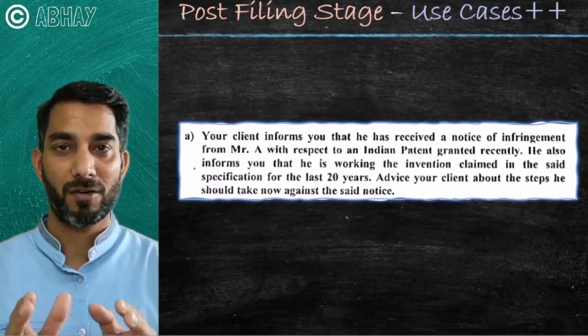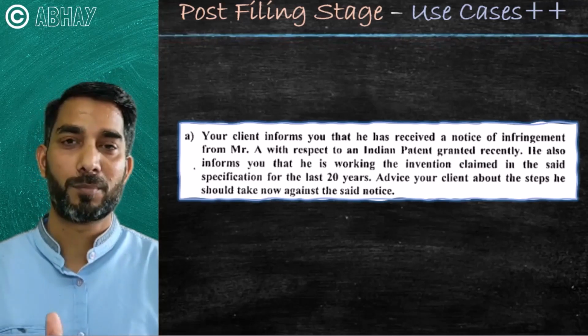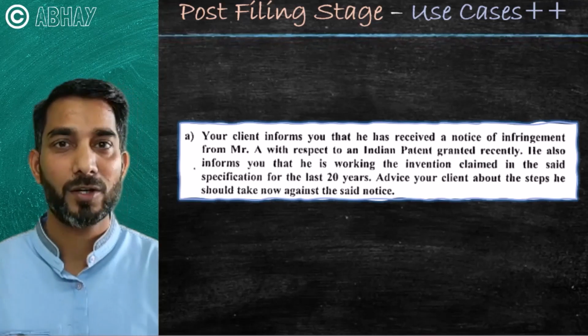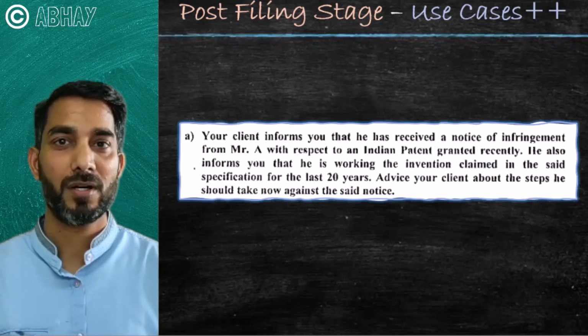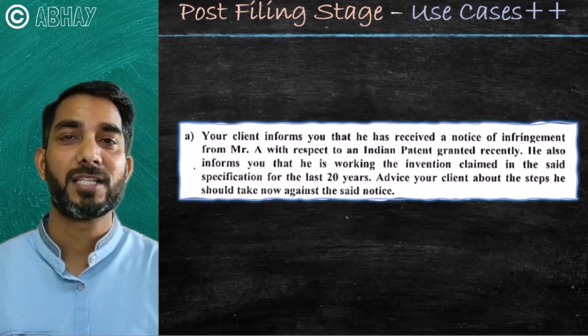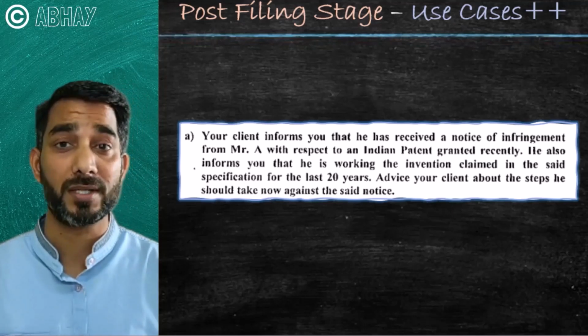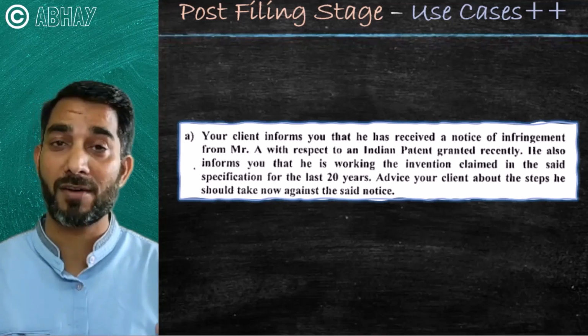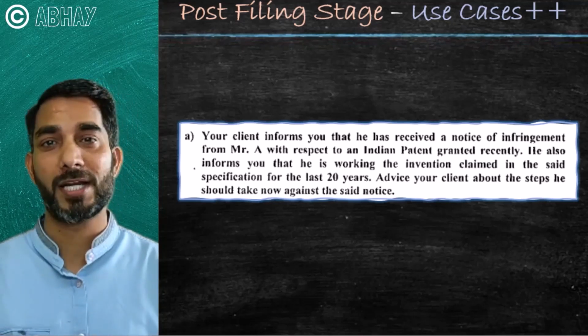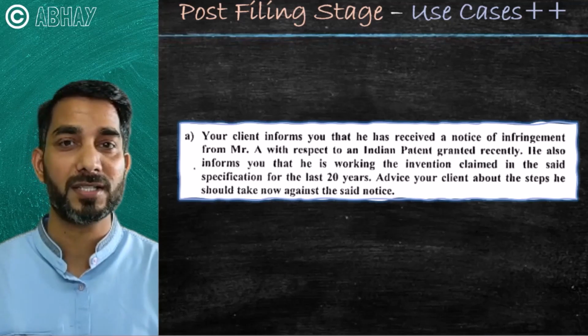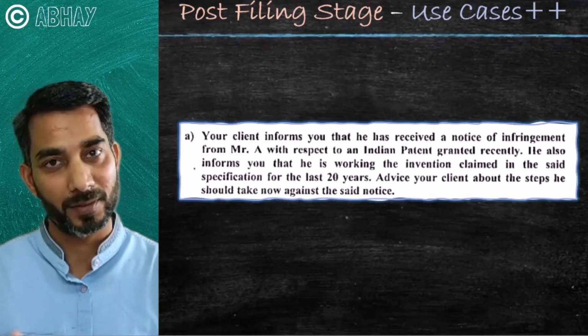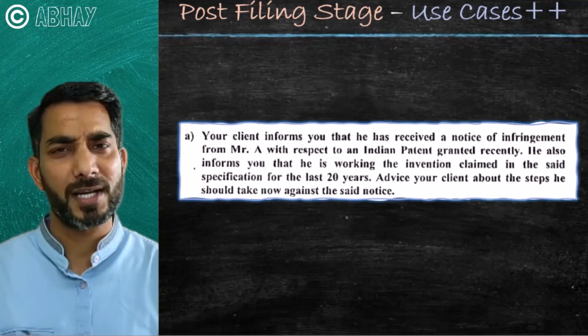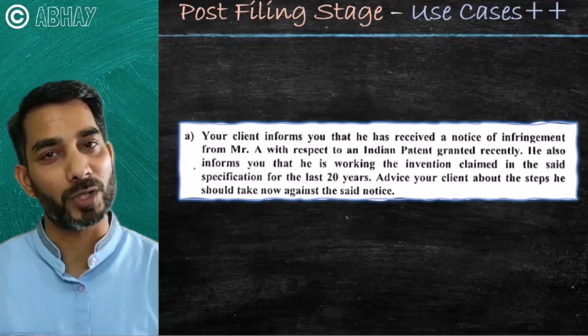It means we have to take the provision of section 25B, the post-grant opposition. What could be the ground? The client has been using the invention for the last 20 years. It means the invention was already available in the public domain. Therefore, it should never have been granted. You provide your grounds, you provide your evidences, and you provide your statement. Explain the process, create a flowchart if you can, and create the storyline for your answer.